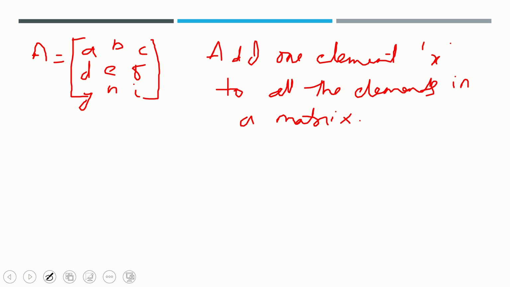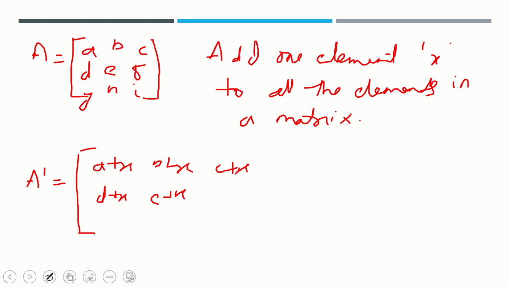So my new matrix, which I denote with A dash, can be written like this: A plus x, B plus x, C plus x, D plus x, E plus x, F plus x, G plus x, H plus x, and I plus x.